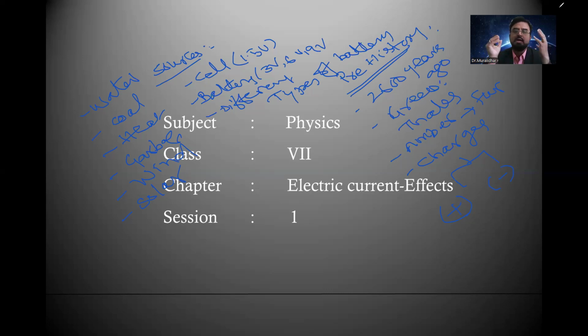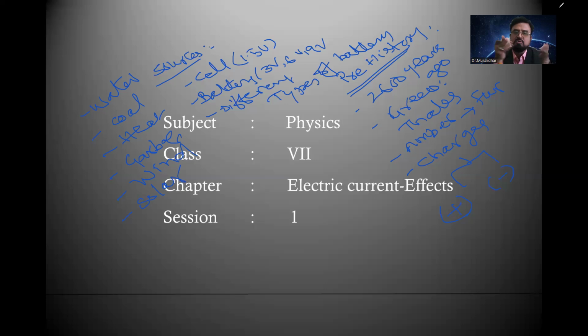All these are sources of electricity, right? So the word electricity is derived from the Greek by Thales. Then he gave the statement that there are two types of charges, positive and negative electric charges.